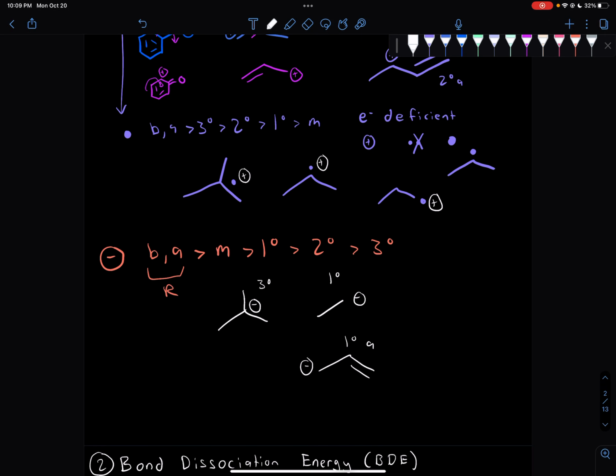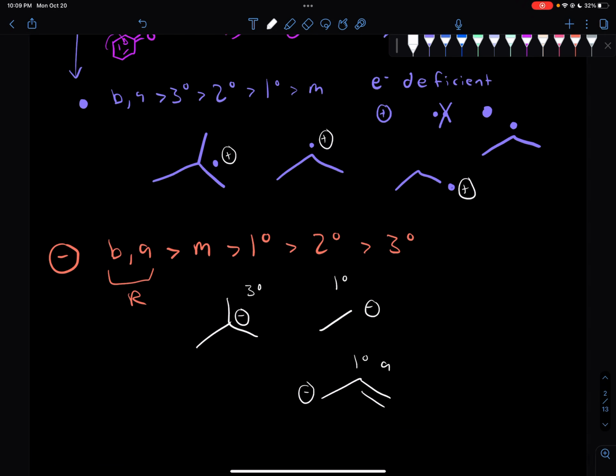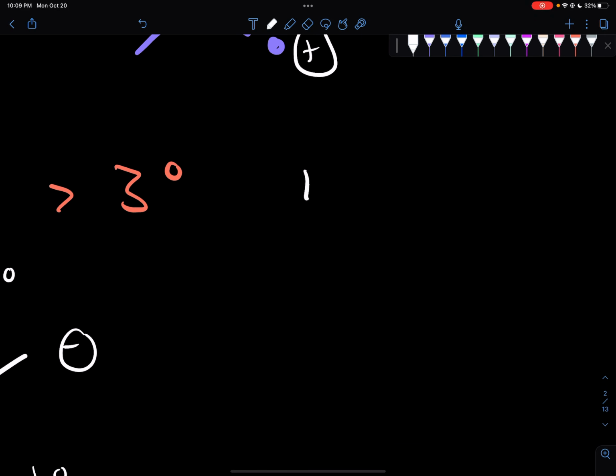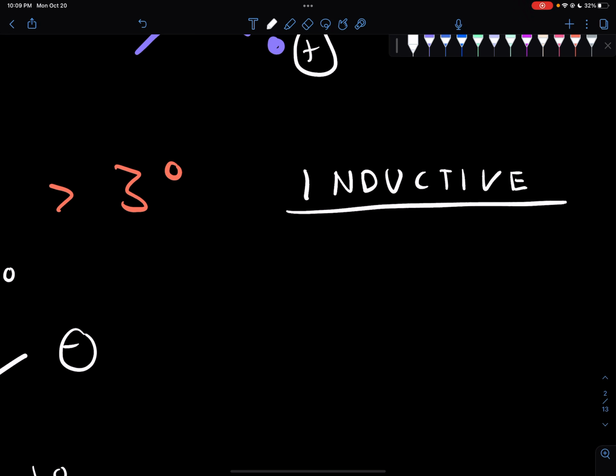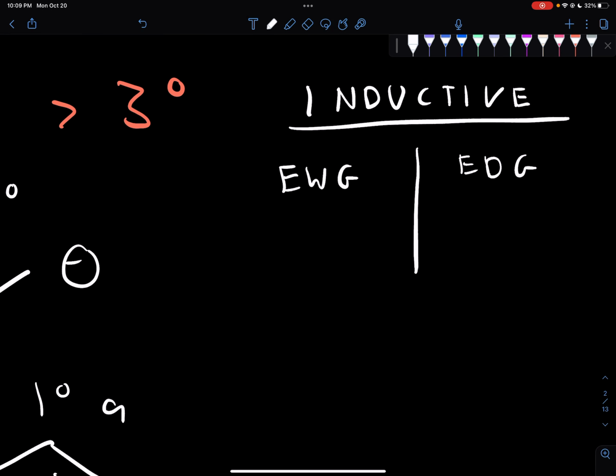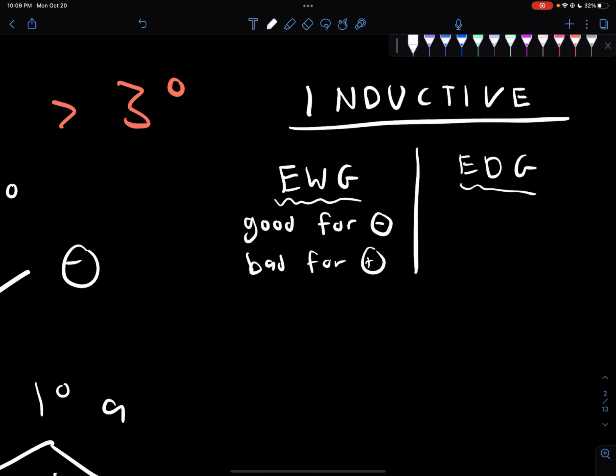So why does this ranking exist? Let's talk about inductive effects. So with inductive effects, you have two types. You have electron withdrawing groups and electron donating groups. Electron withdrawing groups are good for negative charges, but bad for positive charge. And then for EDGs, they're good for positive charge and bad for negative charge.